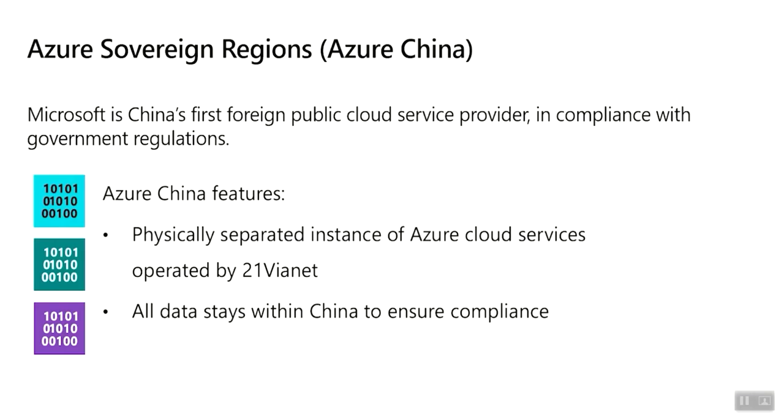And so again, this is all physically separated from the rest of Azure, and it's operated through 21Vianet. And this ensures that all the data stays within China and meets all their data compliance regulations as well as data residency. That brings us to the end of Module 5, Azure Pricing and Support.